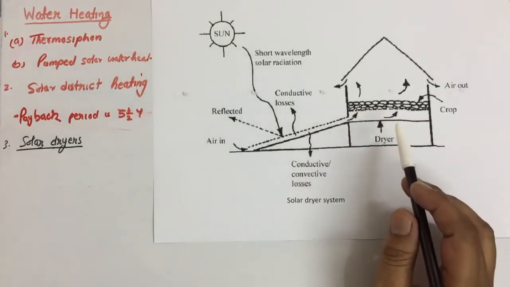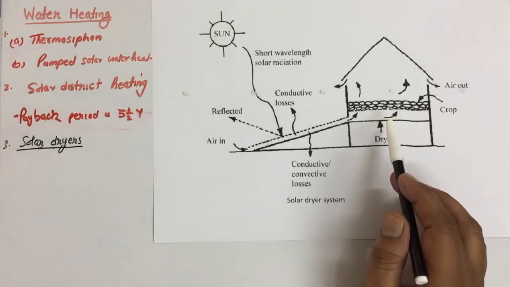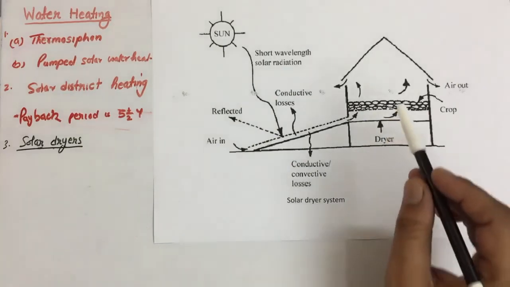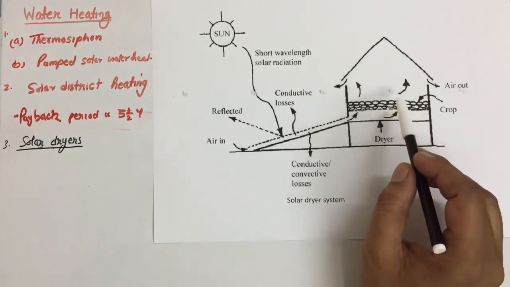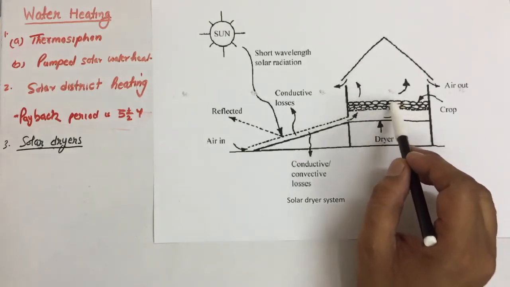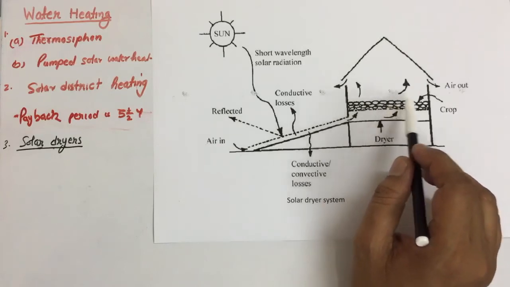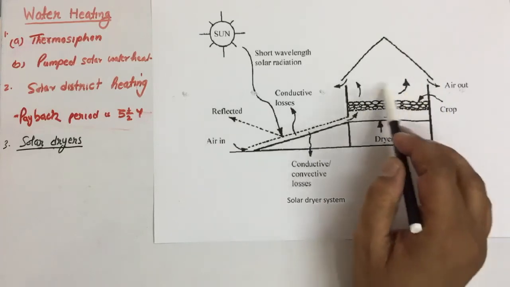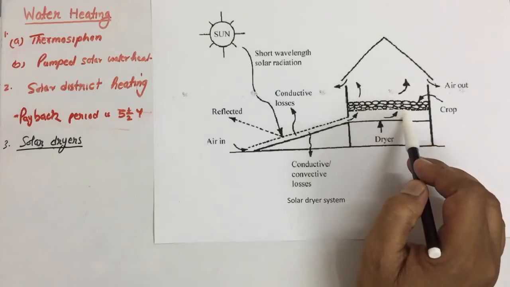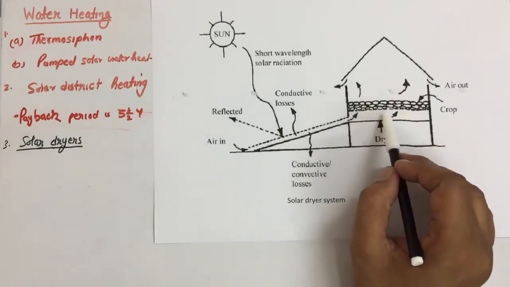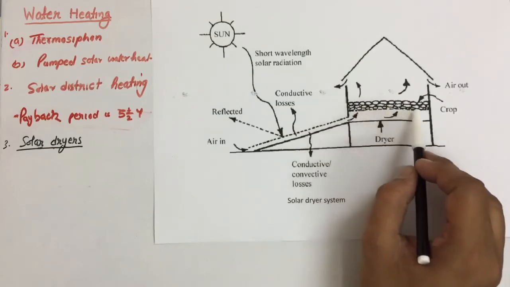The working principle of a solar dryer is to raise the heat of the product, which is usually held within a component of a box, while at the same time passing air through the compartment to remove the moisture from it.